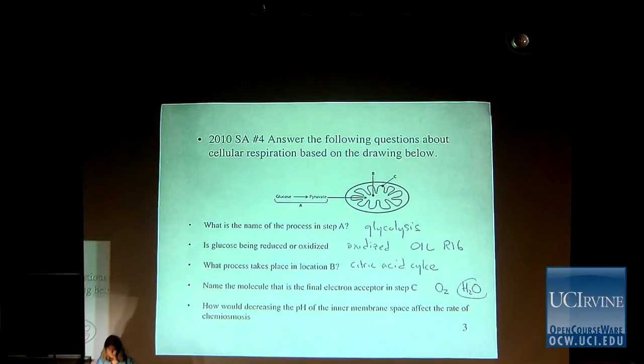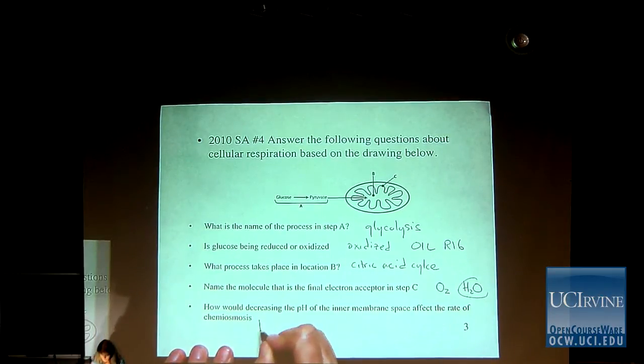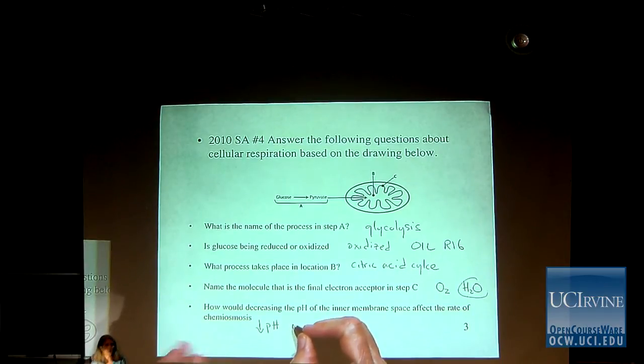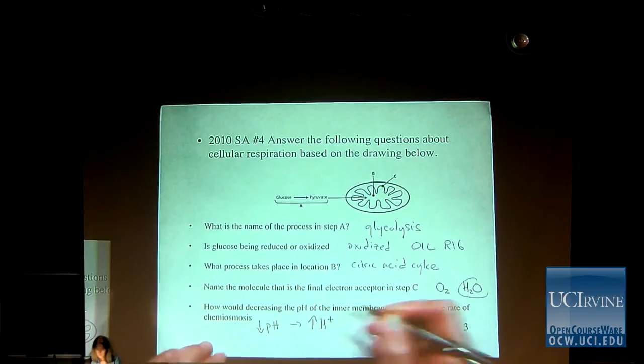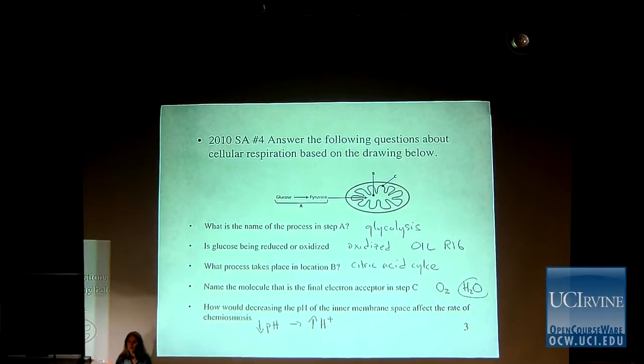Okay, so let's first talk about if you have a decrease in pH in the intermembrane space, what is happening to the concentration of hydrogen ions? Okay, it increases. I heard some of you say decreases. It increases. So if you said decreases, that's where you went wrong in this problem.